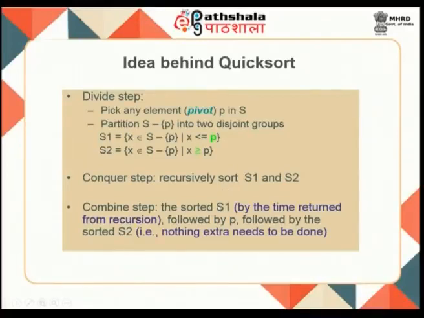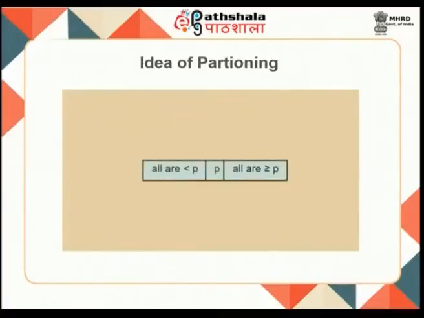That means sorted list S1 followed by the pivotal followed by the sorted list S2 gives the final sorted array. So, this is the core theme of this particular sort.